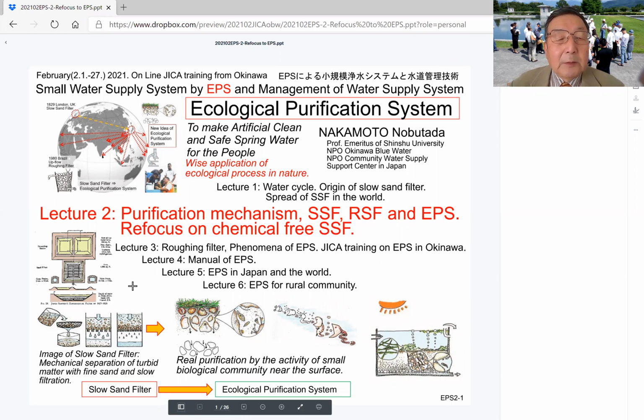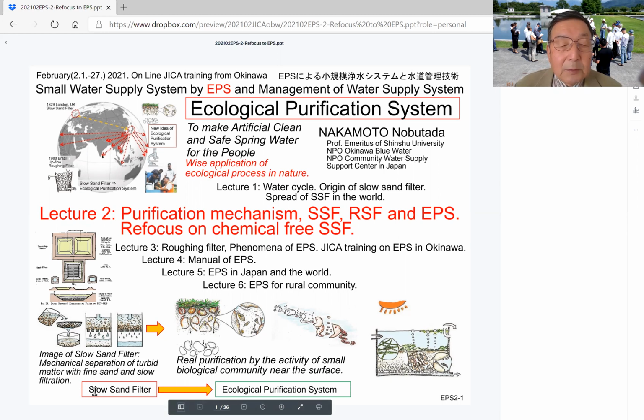Yesterday I mentioned the slow sand filter, which was completed in London in 1829. At that time, the slow sand filter was imagined as mechanical separation of turbid matter with fine sand and slow filtration.